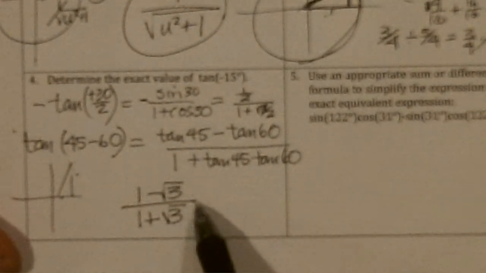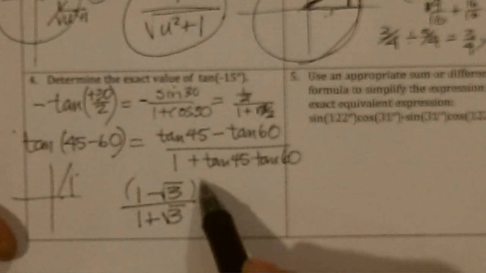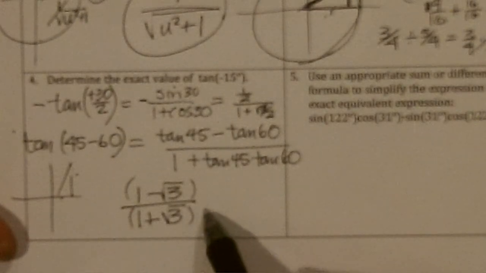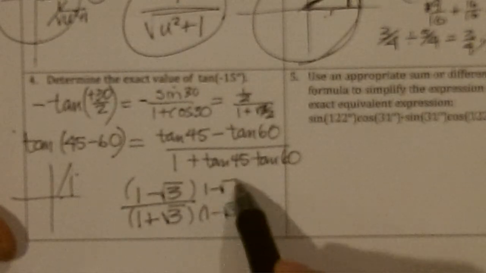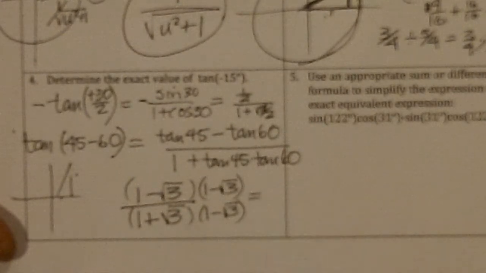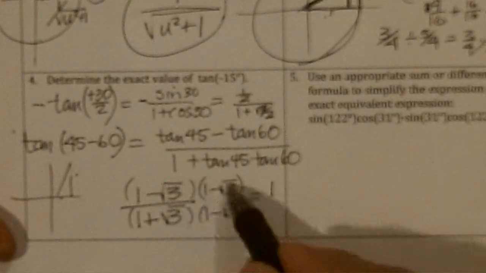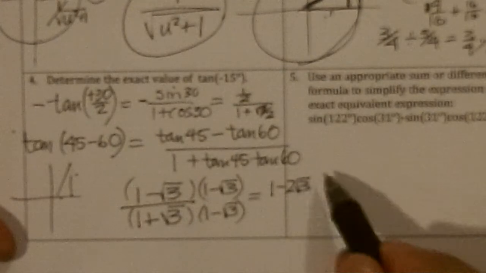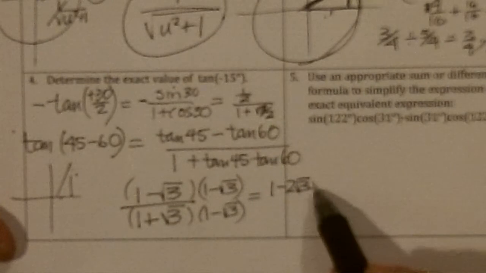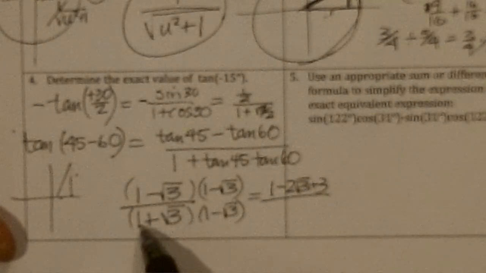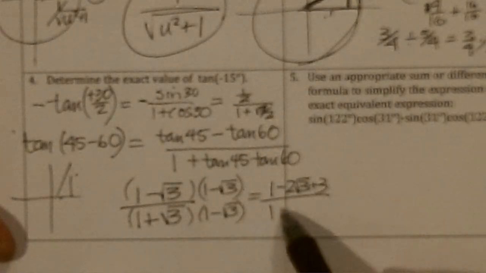Yeah. So now if I multiply this to rationalize, multiply the numerator and the denominator by 1 minus the square root of 3. Let's see what happens here. This will be 1 minus 2 square roots of 3 plus 3 over 1 minus the square root of 3 plus the square root of 3 minus 3.